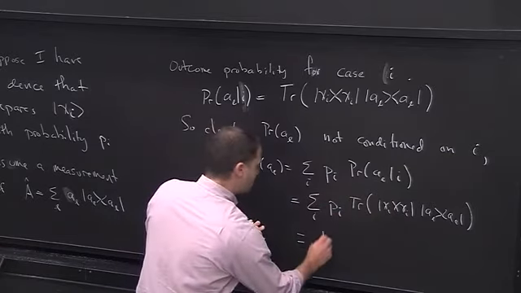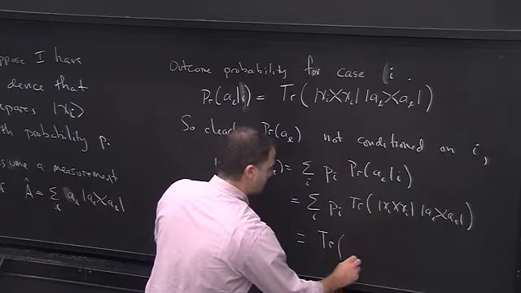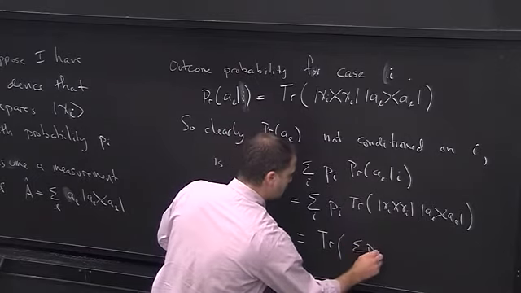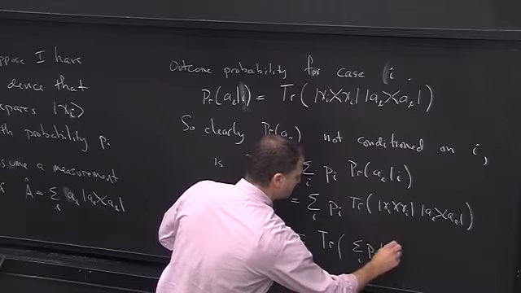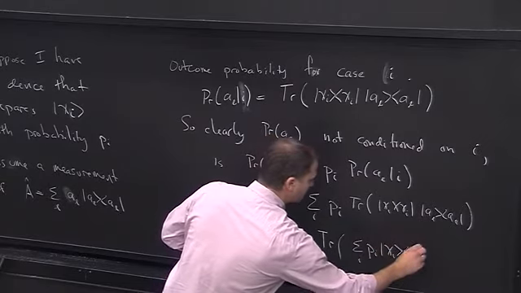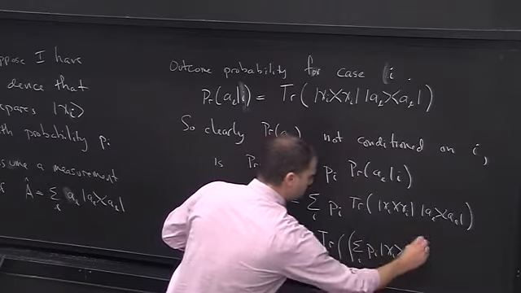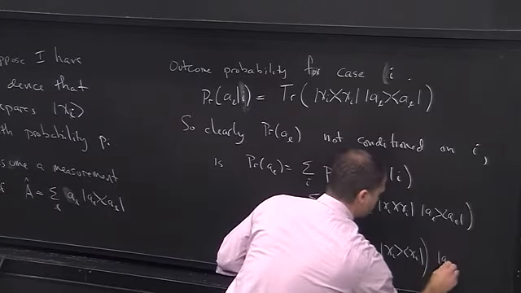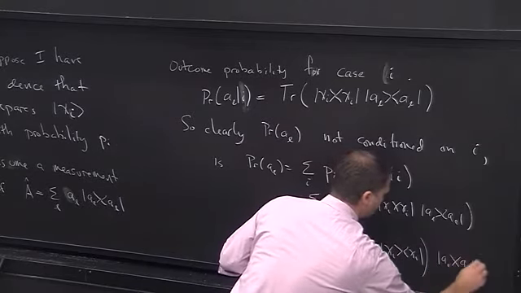So then I can write this as the trace of the sum over i, p_i, chi_i, times A_L, A_L.